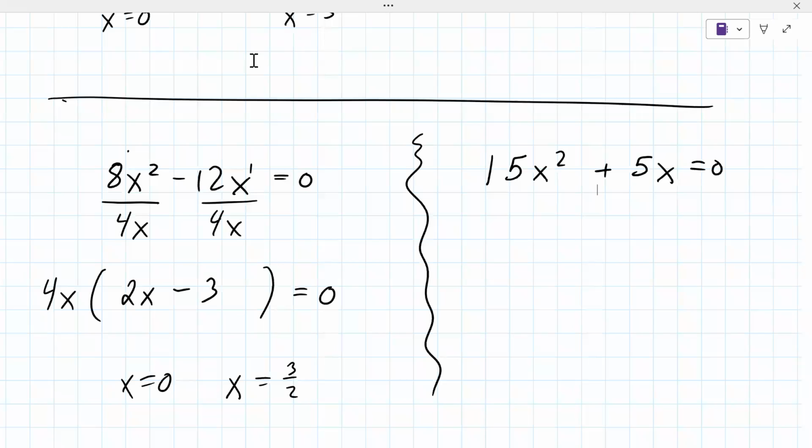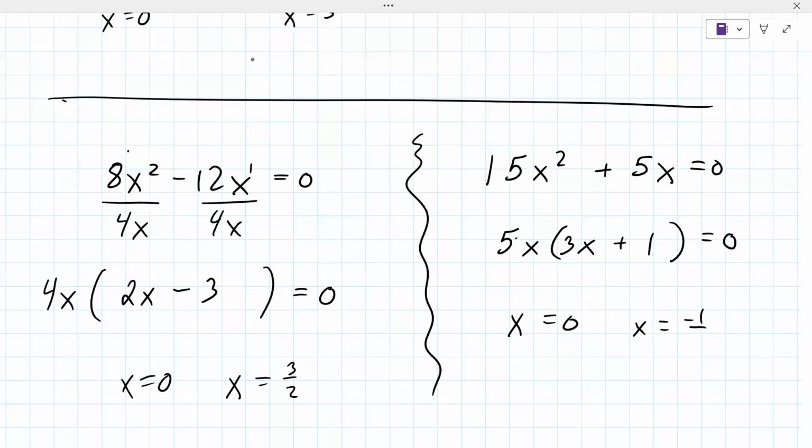I got x equals 0, x equals -1/3. All right, so we have 5x and then, sorry, 3x in here. So like you said, x equals 0, x equals -1/3. Does that work? Yeah.